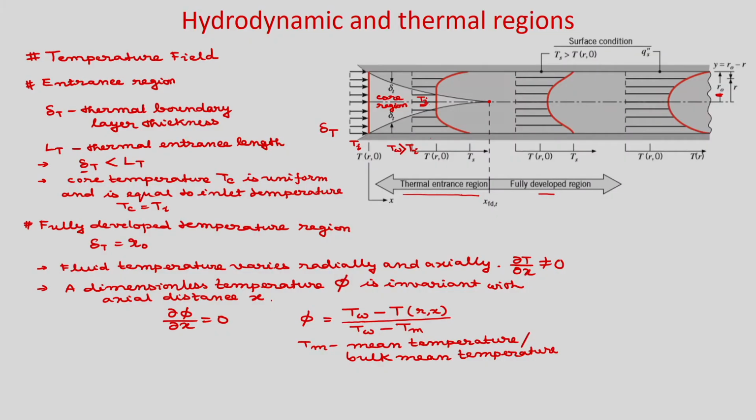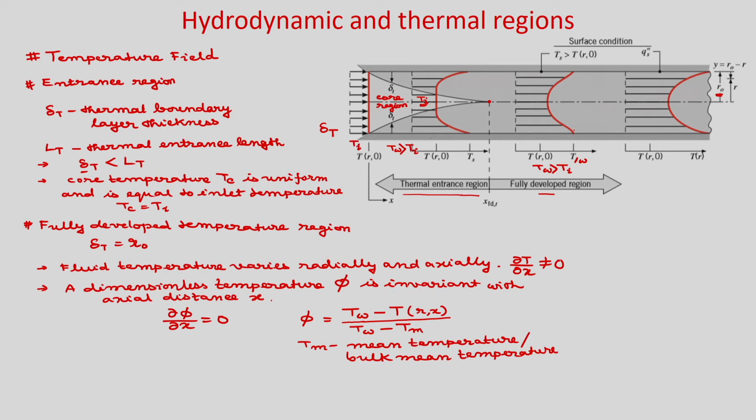In this case, if you have uniform wall temperature T_w, and this T_w is greater than T_i, then heat transfer will take place from the wall to the core fluid, from the surface to the fluid, and your temperature distribution will look like this.